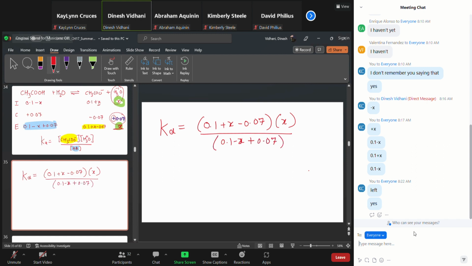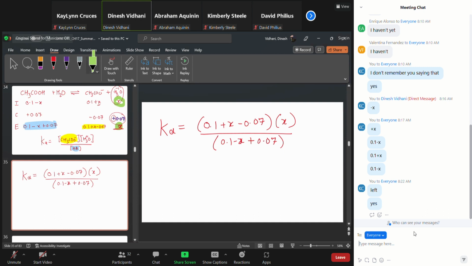Now, Abram, this is where I'm going to make that assumption, the way I did it earlier. Now, what is that assumption? I can simply take out X as a small number compared to the rest of them.